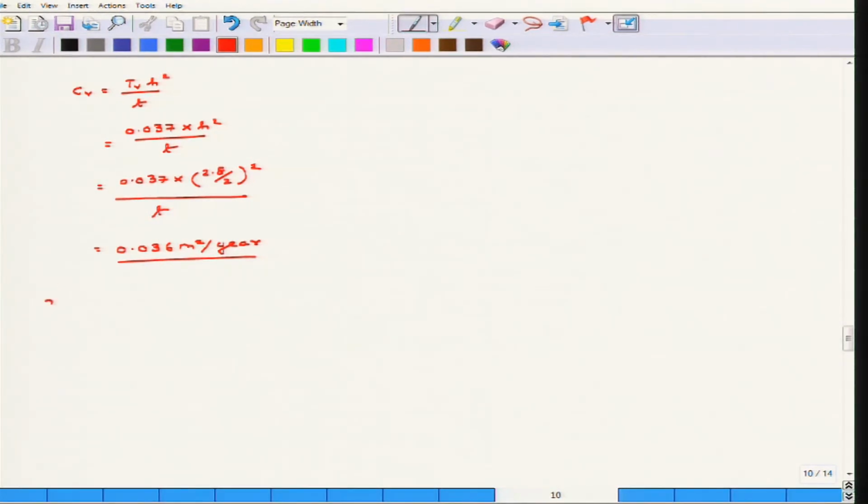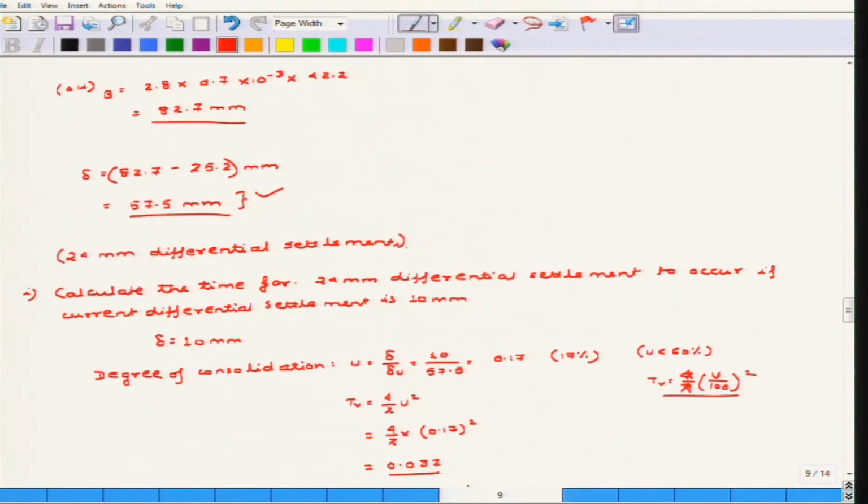Now, you are asked to find out the 24 millimeter differential settlement. You considered the H just below footing B, because as I have said previously also, you have already considered the clay layer to be of 1.2 meter thickness.